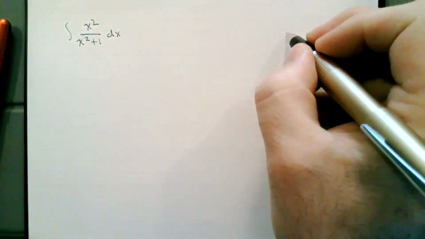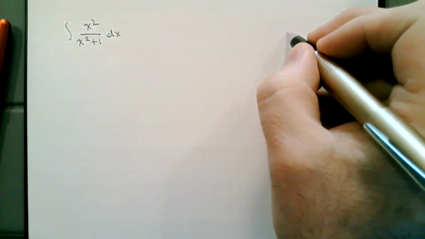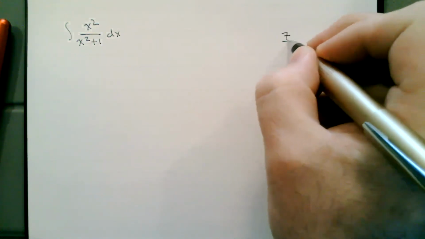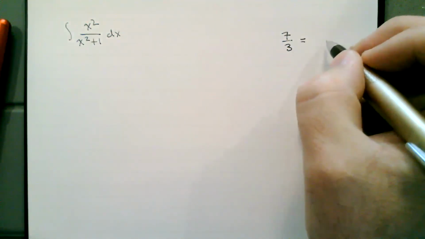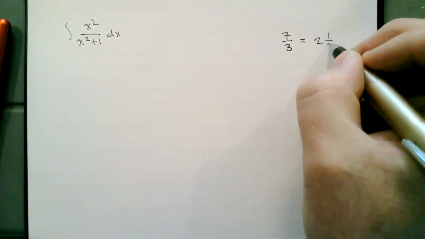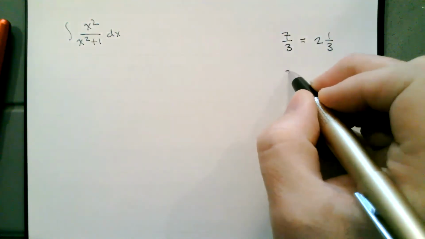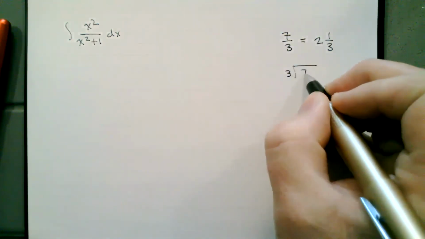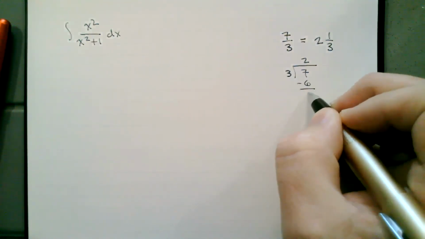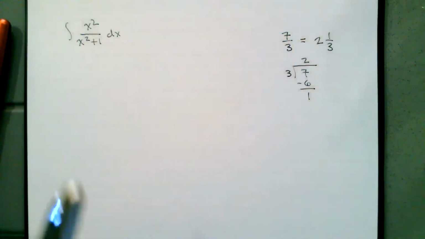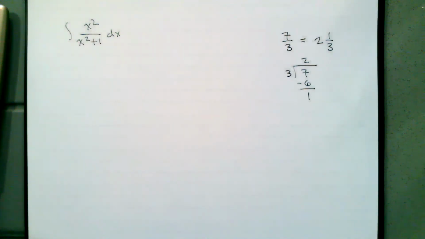So what we're going to do is we're going to think of this as 7 over 3. 7 over 3 is inconvenient, so we're going to write 7 over 3 as 2 1/3. And we can get there by dividing. 3 goes into 7 2 times. 2 times 3 is 6. 7 minus 6 is 1. So 7 divided by 3 is 2 1/3.